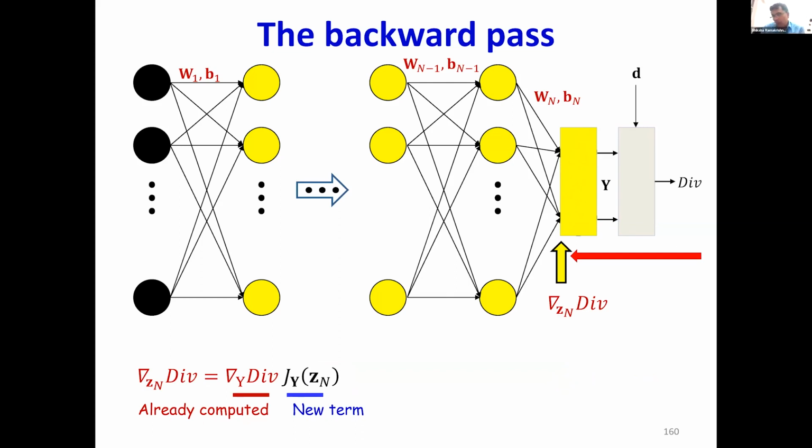Okay, now using the formula that we had earlier, this is Zn, this is Yn minus 1, and we know that Zn equals Wn times Yn minus 1 plus Bn, right? So what is the derivative of the divergence with respect to Wn?